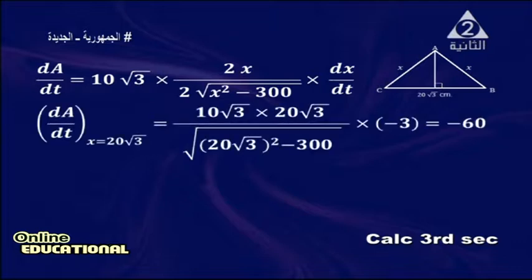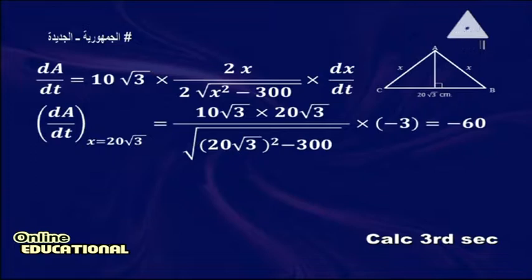Then dA/dt at x equals 20√3, where x is the length of any leg, so the length of the base of the triangle equals 20√3 centimeters. Then dA/dt at x equals 20√3 equals 10√3 times 20√3 over the square root of (20√3)^2 minus 300, times -3.